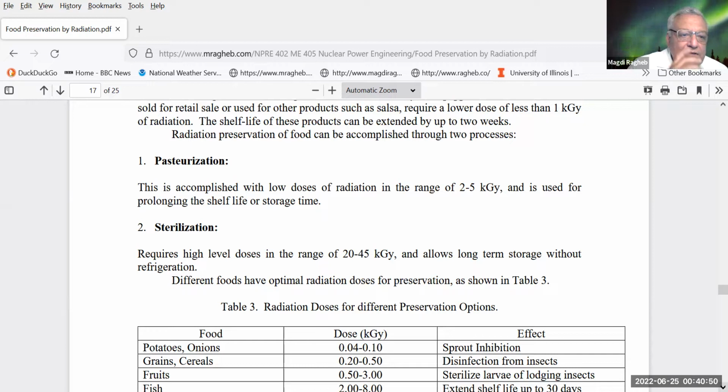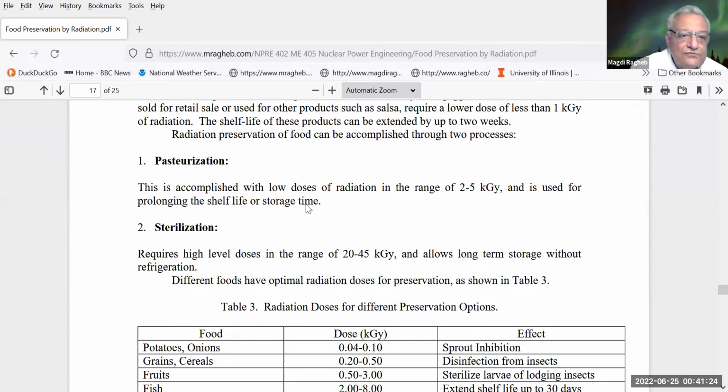All right, so you can achieve food preservation by two processes. One is called pasteurization, named after Louis Pasteur, the French scientist who is credited with the process of pasteurization. Pasteurization is achieved by low doses of radiation of 2 to 5 kilogray, or 1,000 grays, and it's used only for prolonging the shelf life or storage time.